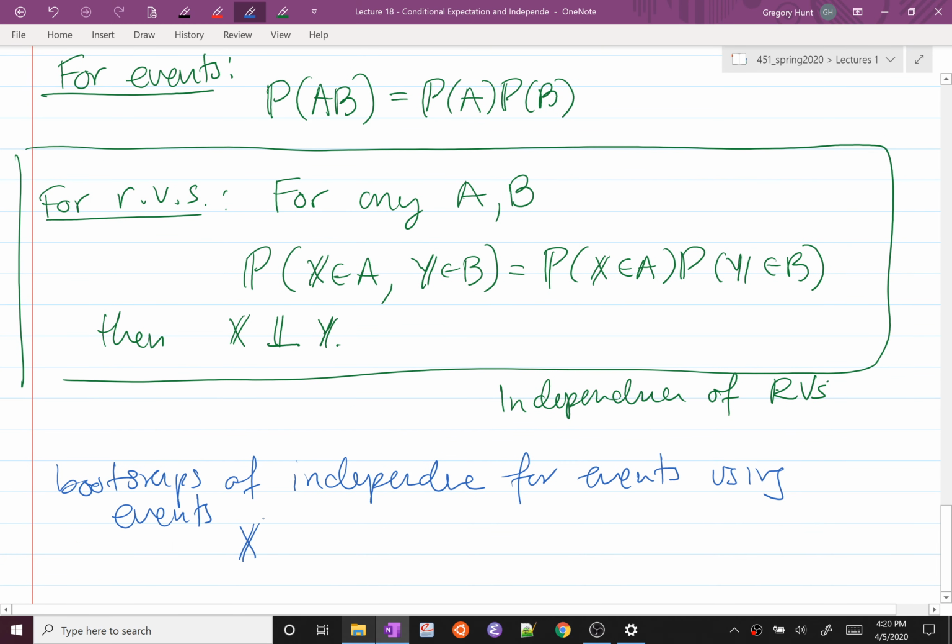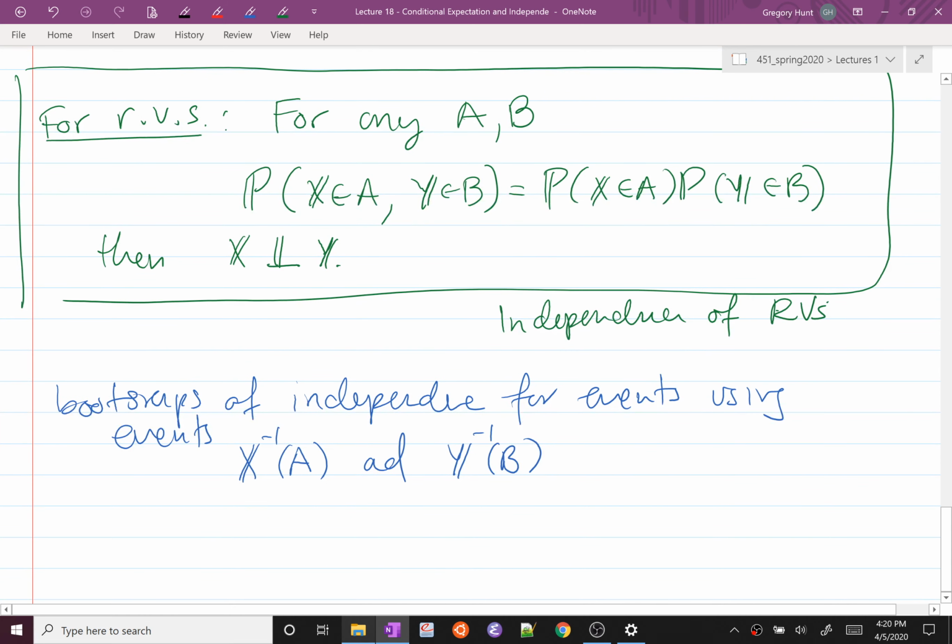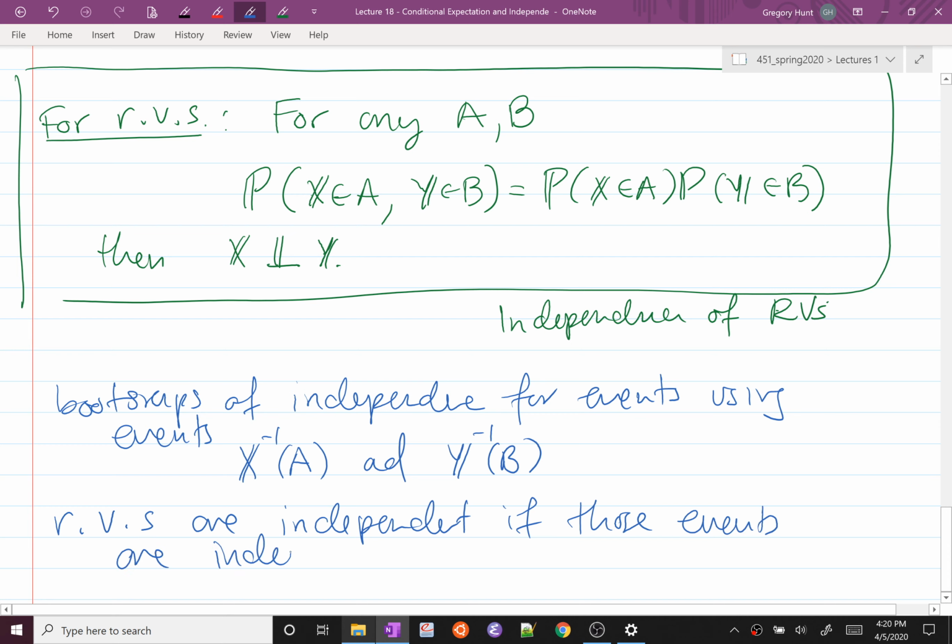We could just look at the inverse image of A under x and the inverse image of B under y. Those are two events, and basically random variables are independent if those events are independent for all possible A and B.